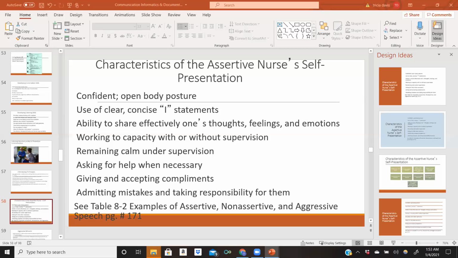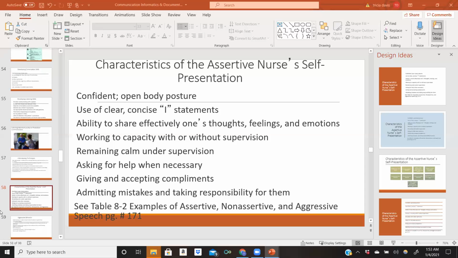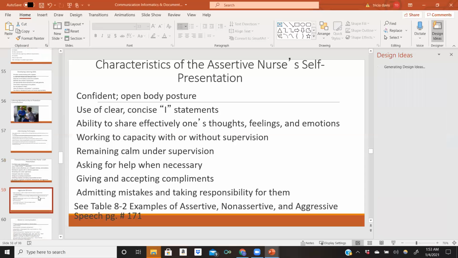So you can see the assertive, the non-assertive, and the aggressive. You want to be that assertive nurse. It is very easy to be that non-assertive nurse, especially if you don't like confrontation. And if you don't think before you have a conversation, that aggressive nurse could come out. I could see that happening in me if I don't think before I say things.